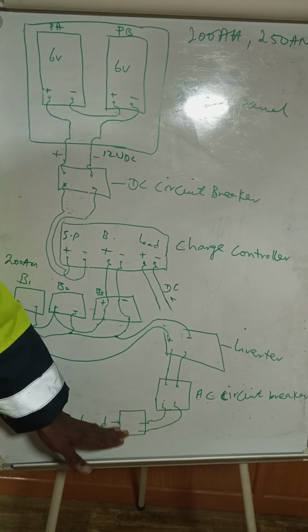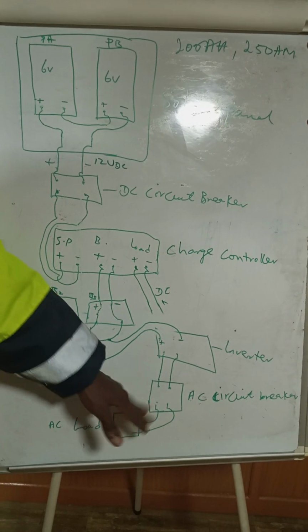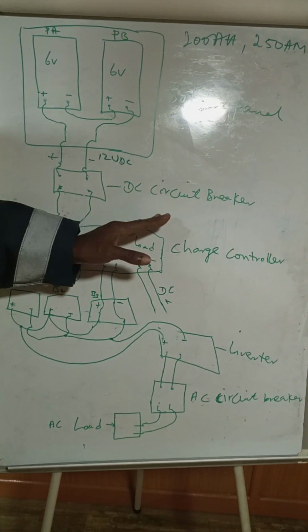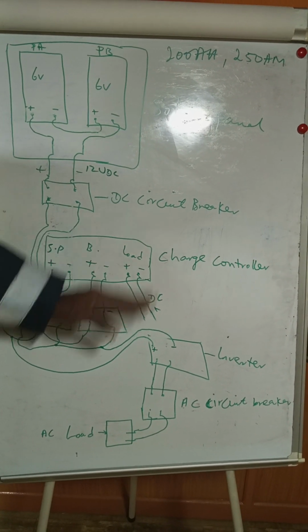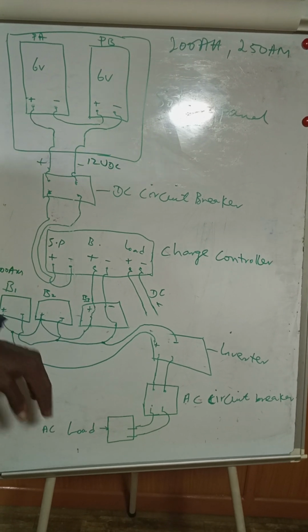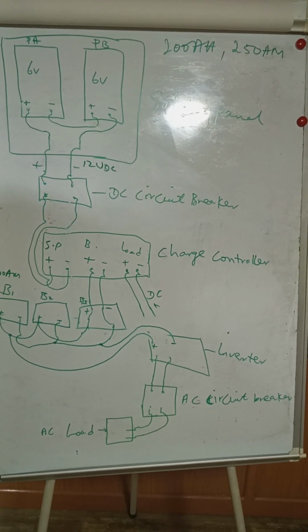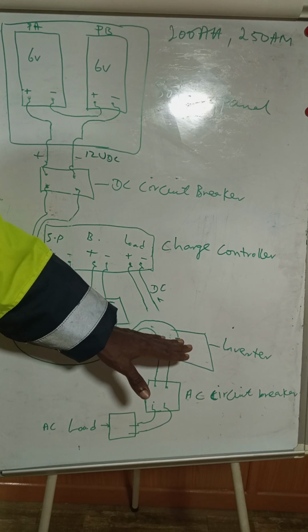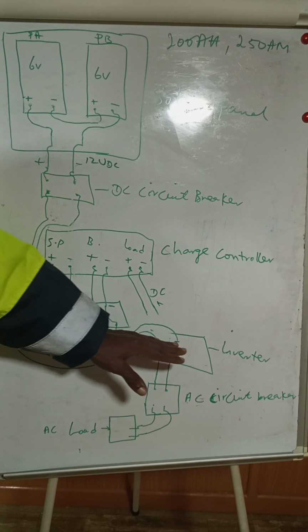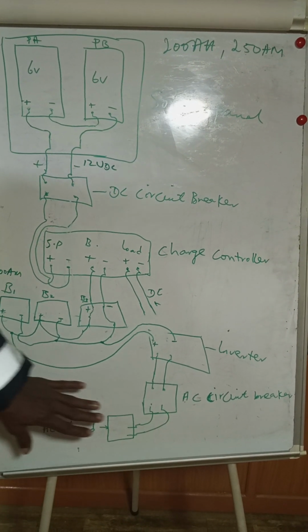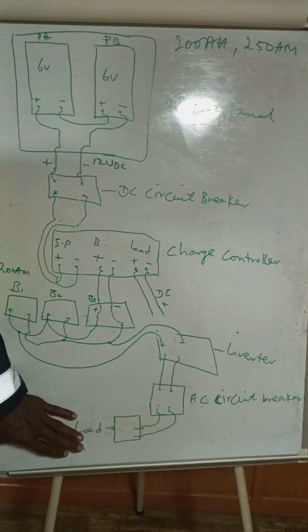That is why we have it. So the AC circuit breaker will protect your devices, your inverter, from your load in case there's any short circuit within your load. The high voltage shouldn't strike down your inverter. So that is where we have up to the point of load.